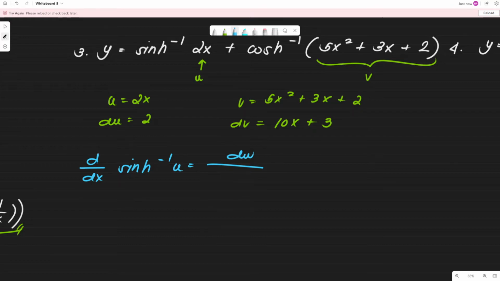Then we have the derivative naman for arc cos v.